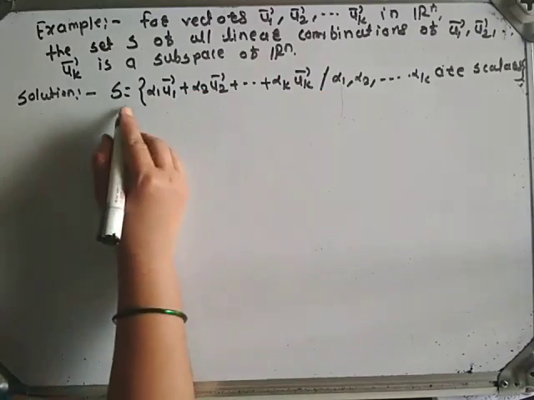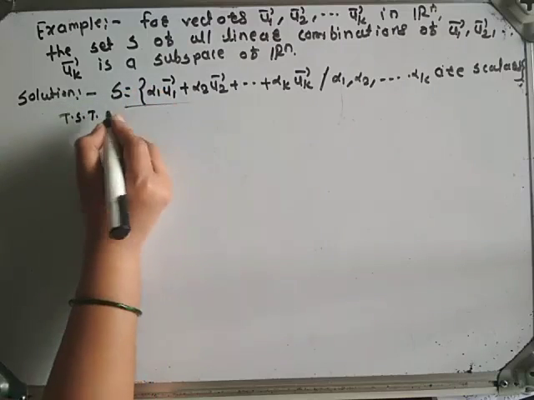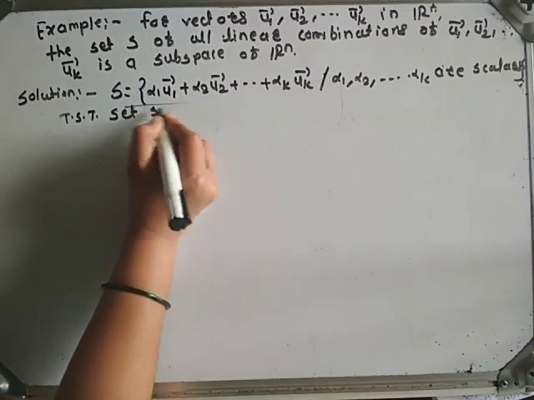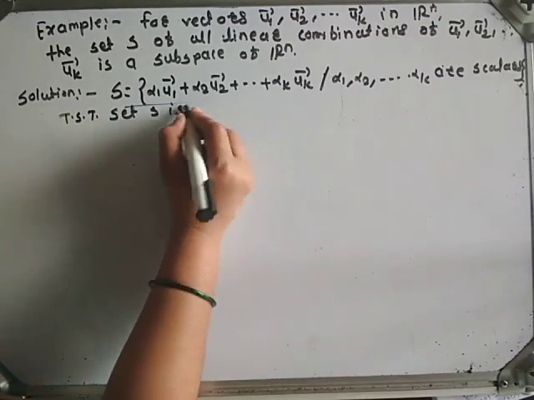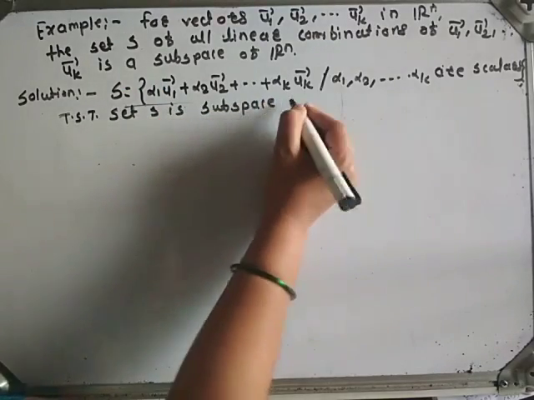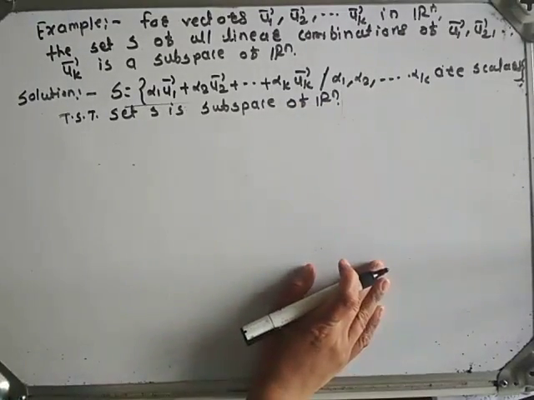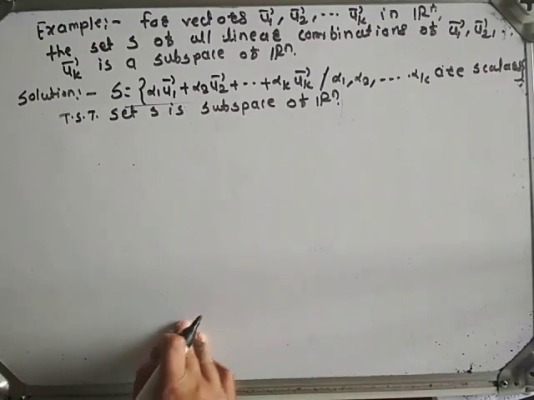Okay, and we have to show that this set S is a subspace of Rn. That is, we have to prove three properties of subspace.